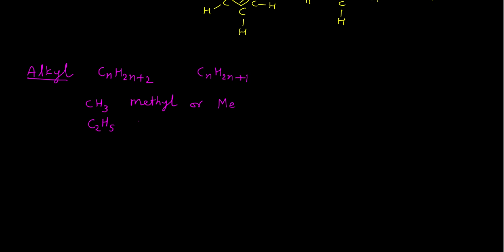This is ethyl group, or sometimes also written as Et. Similarly, you can write propane, and the corresponding alkyl group will be C3H7, so this is your propyl group. So these are common alkyl groups.